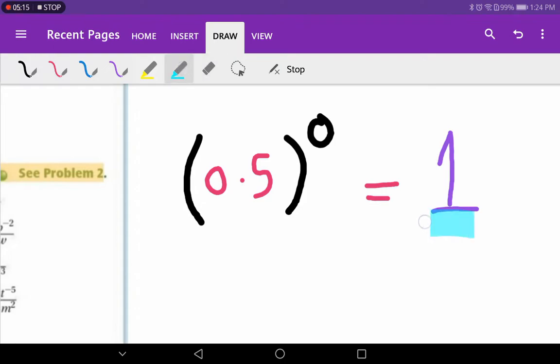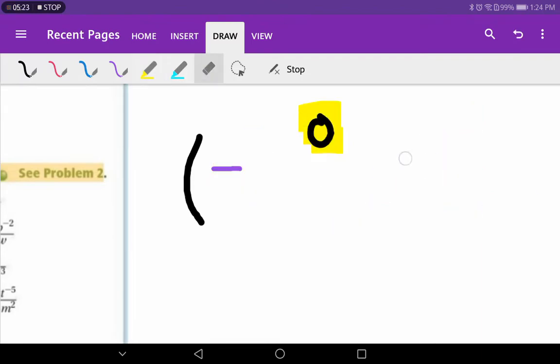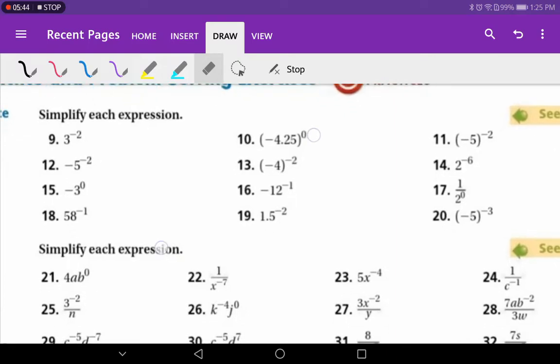Each time it is equal to 1 because the power is 0. This is the second rule. So for the negative exponent, change the position and it will be positive, and the exponent 0 all the time gives me 1.